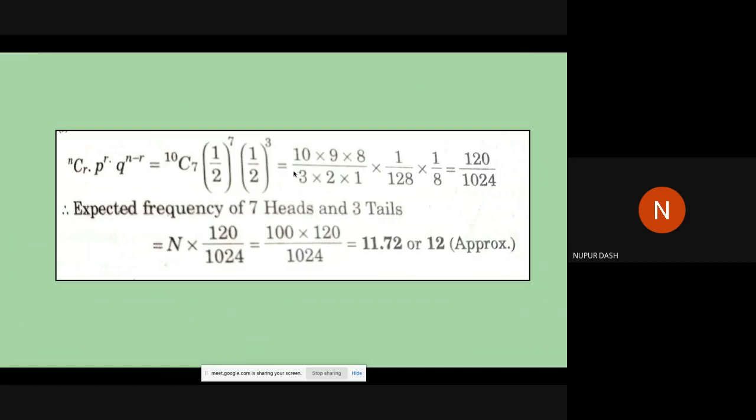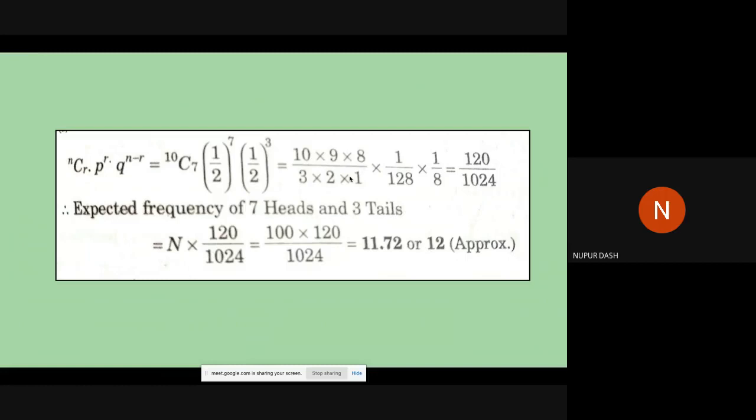I think you know how to solve 10C7, students. If you don't know, I will tell you, just listen carefully. 10C7 means factorial 10 you will write, 10 into 9 into 8 into 7 into 6 into 5 into 4 into 3, it will go up to 1. And similarly, below you will write factorial r, that is 7, and factorial of 10 minus 7.